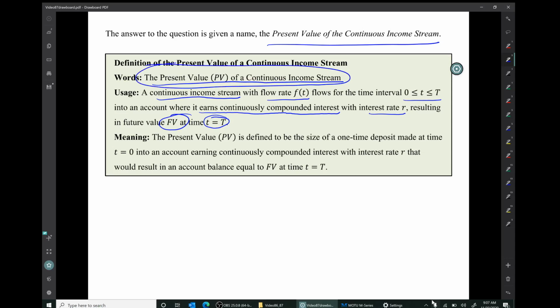They mean the size of a one-time deposit that would be made at time 0 into an account that earns continuously compounded interest with interest rate R. The amount of that one-time deposit that would result in an account balance equal to capital FV at time capital T.